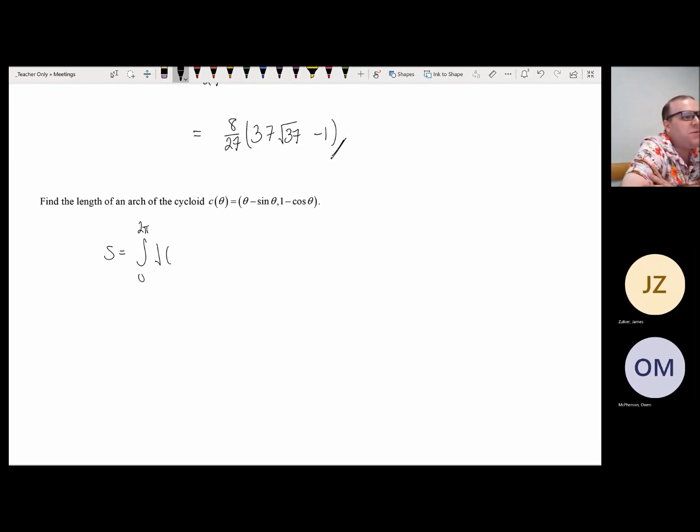Derivative of theta minus sine of theta with respect to theta is what? Derivative of 1 minus cosine with respect to theta.